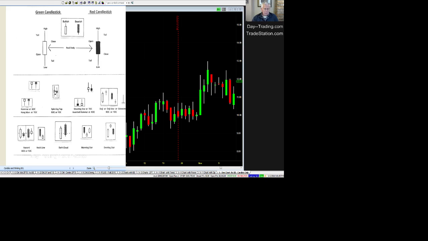You got spinning tops. That's a battle between the bears and the bulls, and they can appear anywhere, but they can appear in places where they'll oftentimes define tops and bottoms, and they appear like they're just right in the middle of nowhere sometimes.